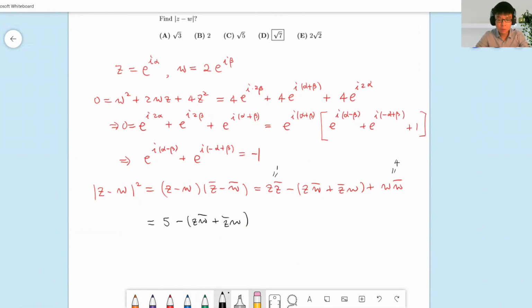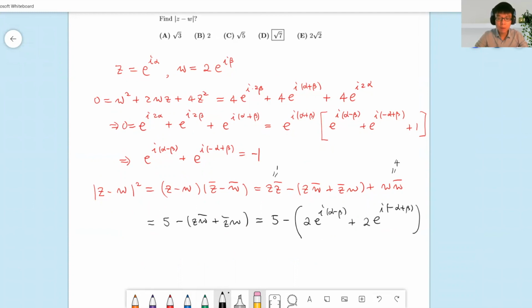Now let's write these terms in the parentheses. 5 minus, Z times W conjugate equals twice exponential i (alpha minus beta). And Z conjugate W is twice exponential i (minus alpha plus beta).